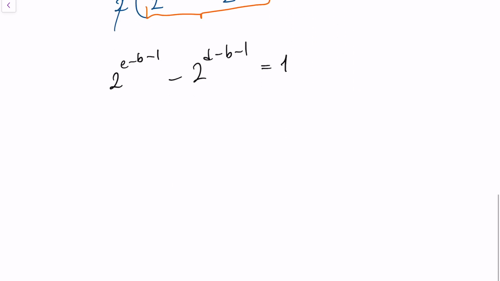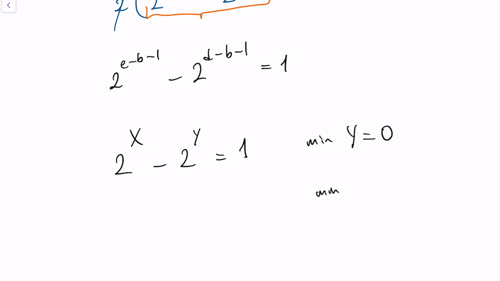But notice that if we look at 2^x - 2^y = 1, where x and y are non-negative integers, what are the possible values x and y can take? The minimum value of y is 0, and corresponding to that the value of x will be 1. Anything else, the difference will clearly be bigger than 1.